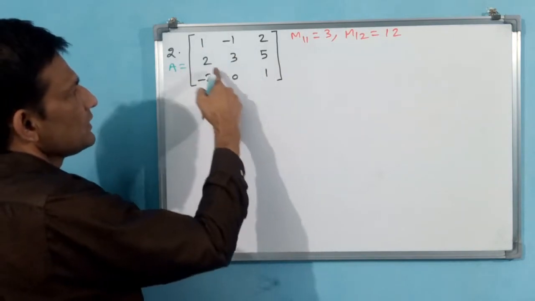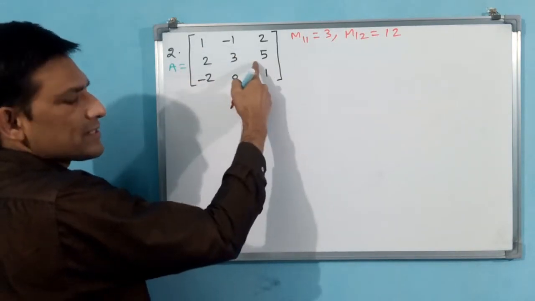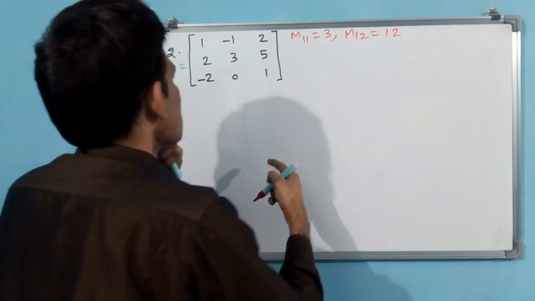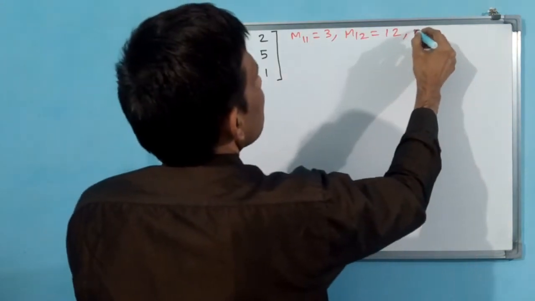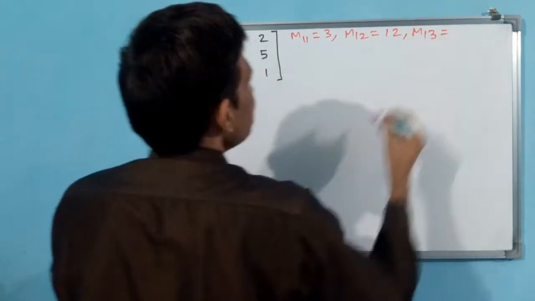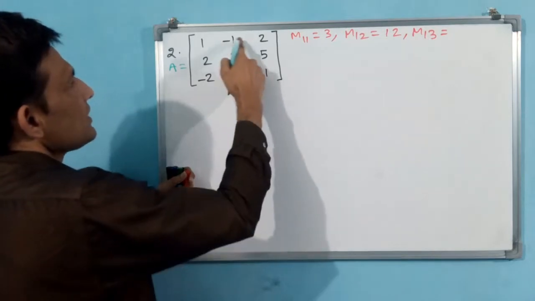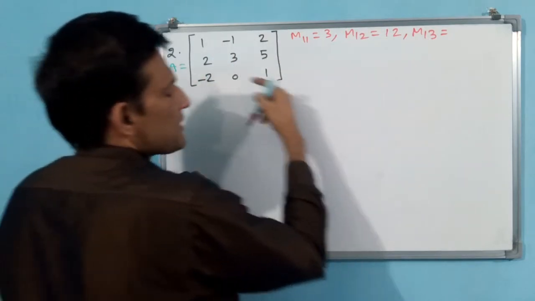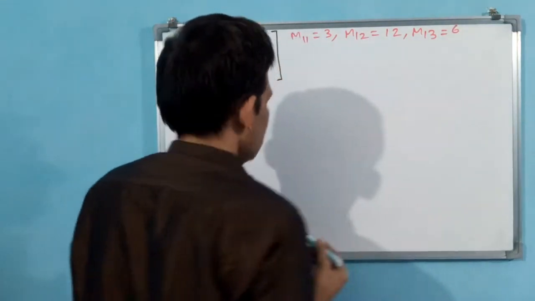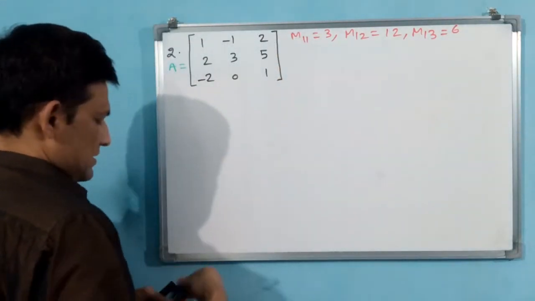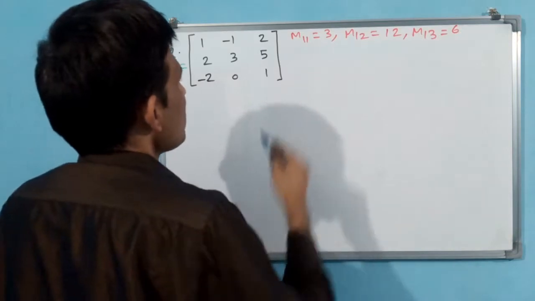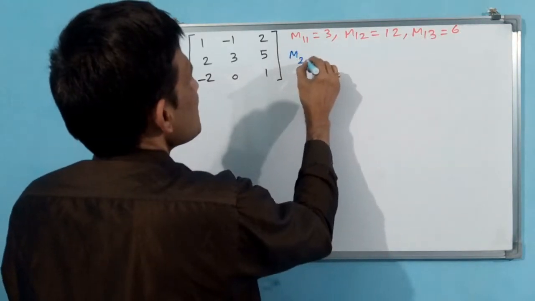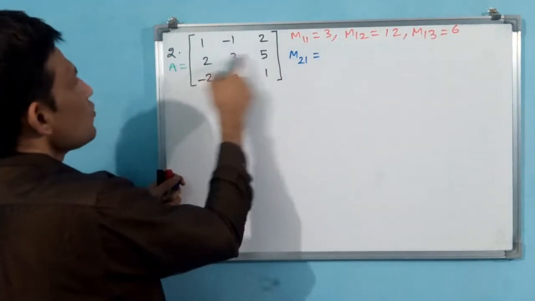Is it okay? Minus 1 you are closing. 2 minus of minus 10, plus 10. Then M13. 2 you are closing. 0 minus of minus 6, plus 6. Then you go for M21. 2 you are closing.